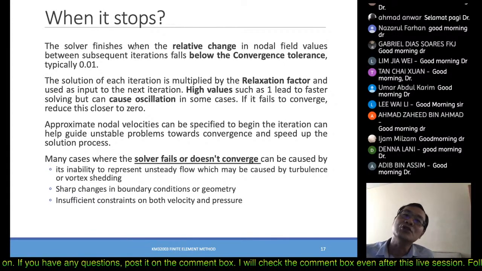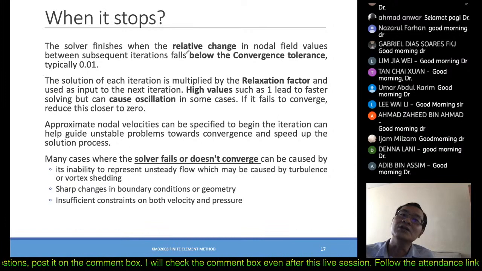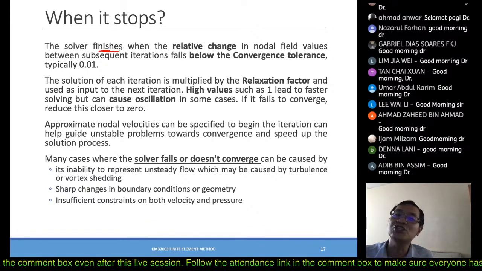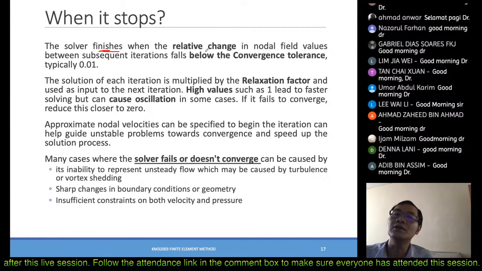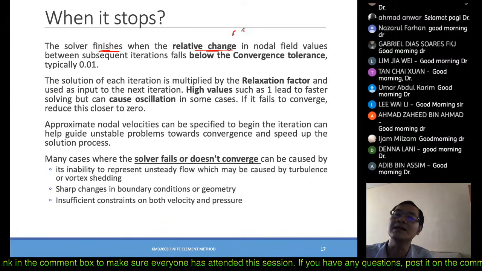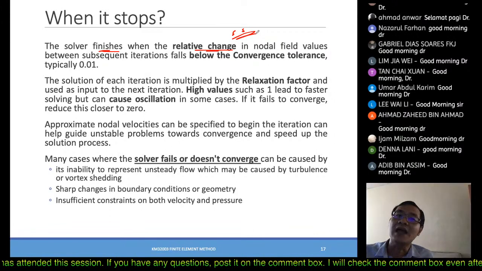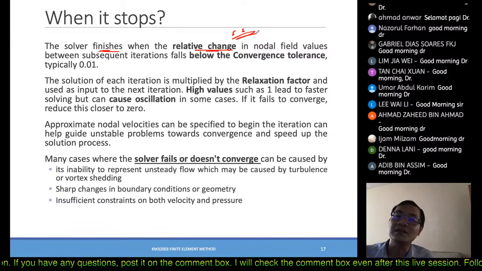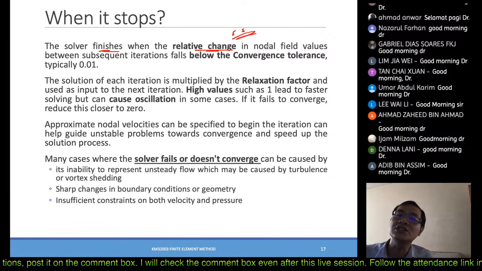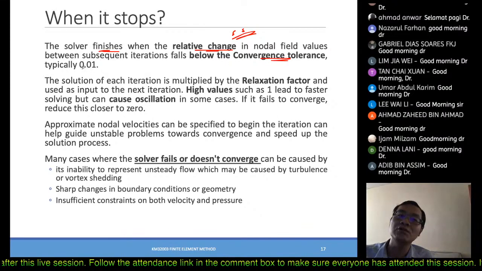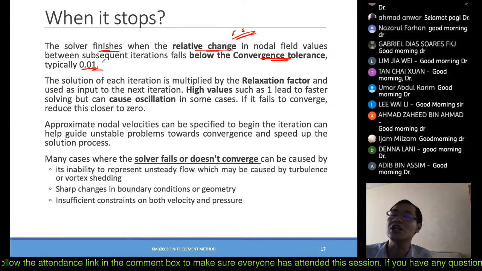One of the criteria is that we define the software has finished solving the problem when the relative changes, assuming this is a steady state problem, have reached steady state, so that the changes in the node field between subsequent iterations is now below typically 0.0, and you can still change this value.